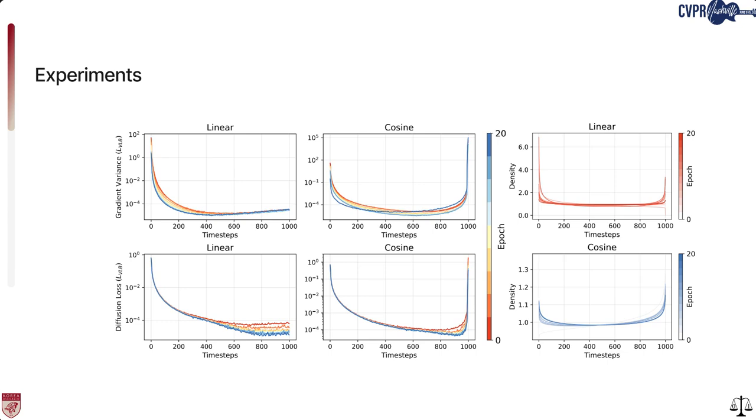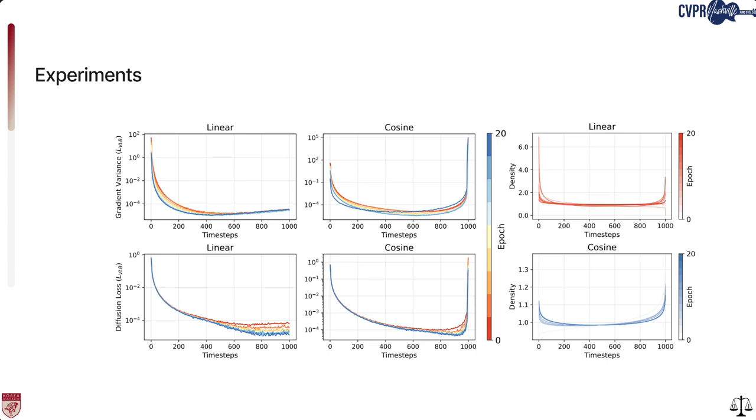Training with L_VLB differs from the conventional diffusion training with L_DDPM in that L_VLB weights the losses across time steps differently using the constant C_t. Since C_t has larger values at later time steps, it leads to increased loss and gradient variance at these time steps, especially with the cosine schedule as shown in the figure.